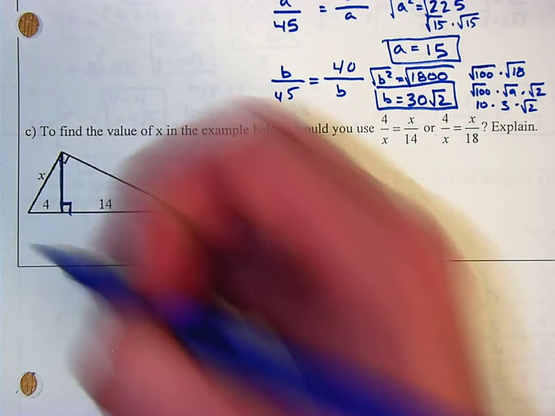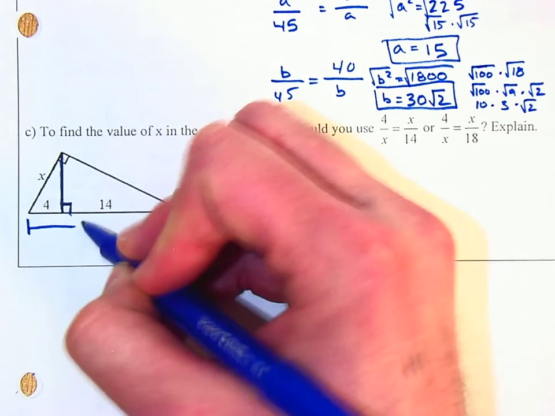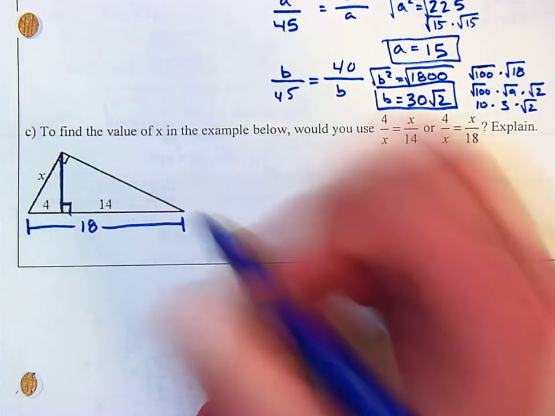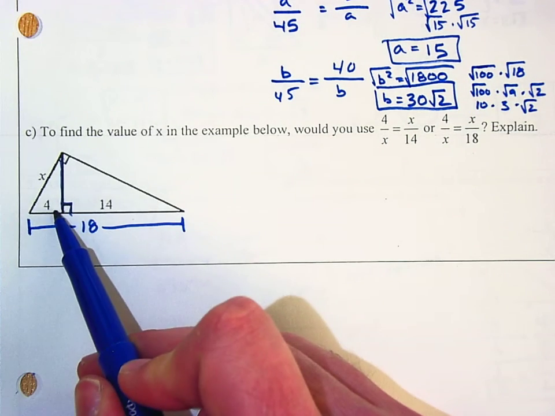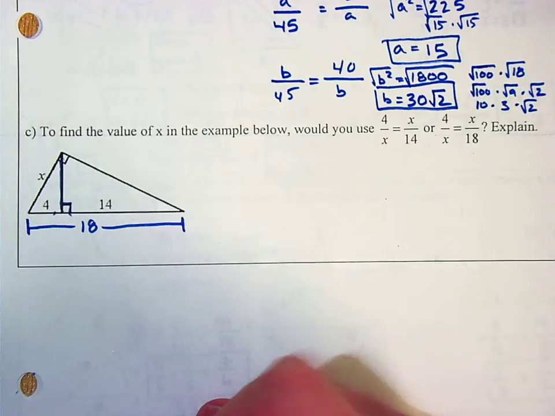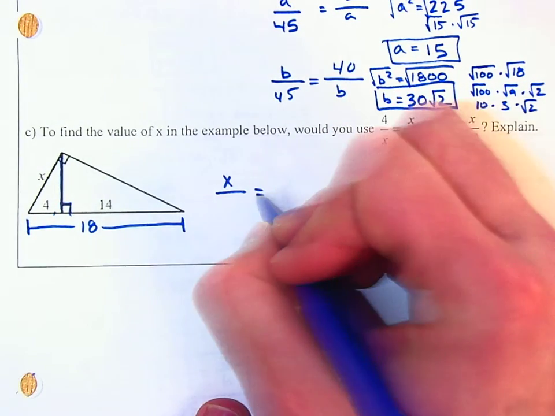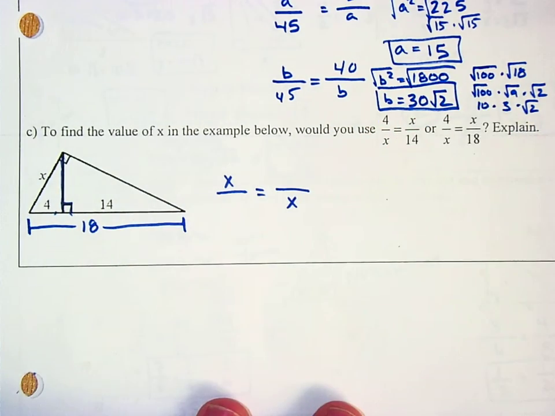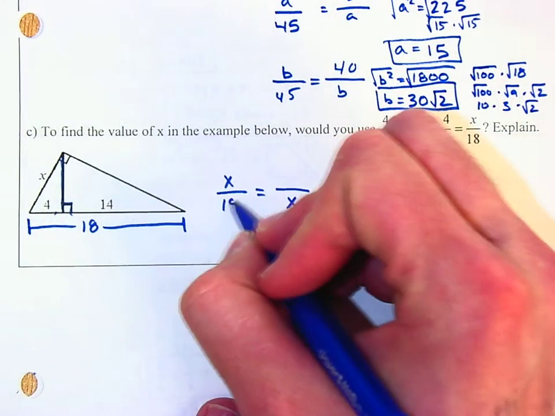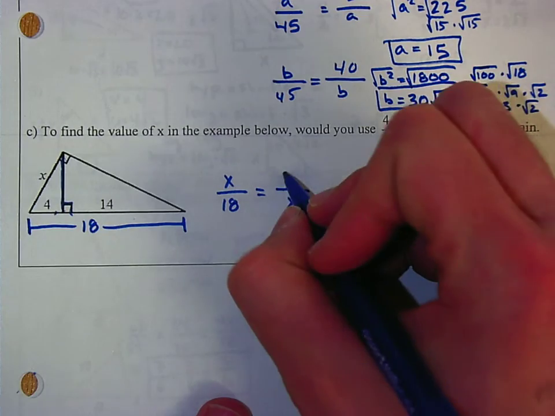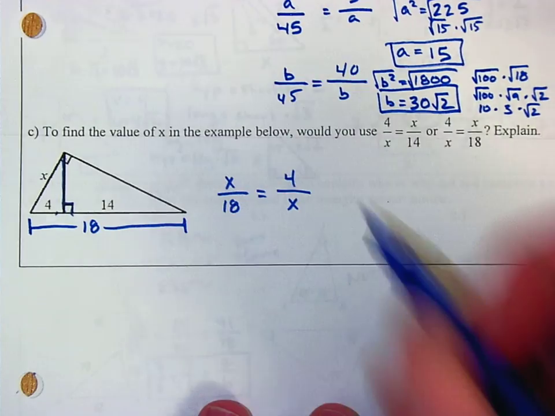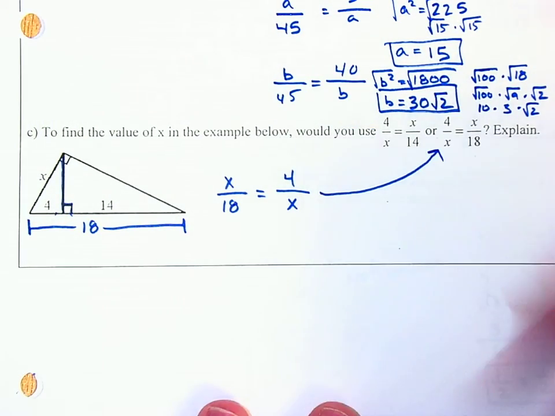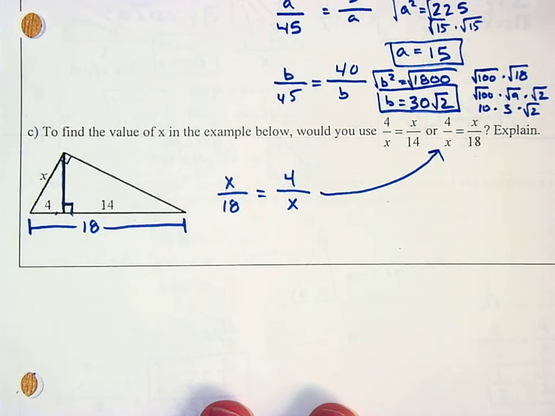Well, for a leg, we need the hypotenuse, which is 18, and the piece closest to it. All right, well, let's set up our geometric mean formula. Hypotenuse and the piece closest to it. And some of you can already tell that this is actually that 18.